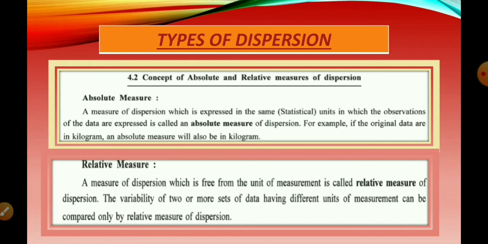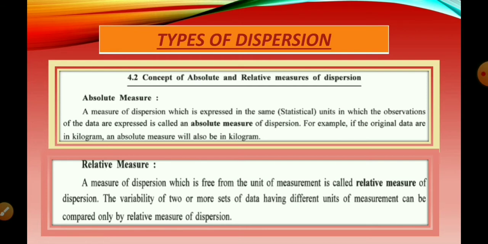If it is milliliter or liter, then dispersion should be in the same unit. So the measure of dispersion which is expressed in the same unit in which the observations of the data are expressed is called absolute measure. If in the original data kg is given, then the absolute measure will be in kg.